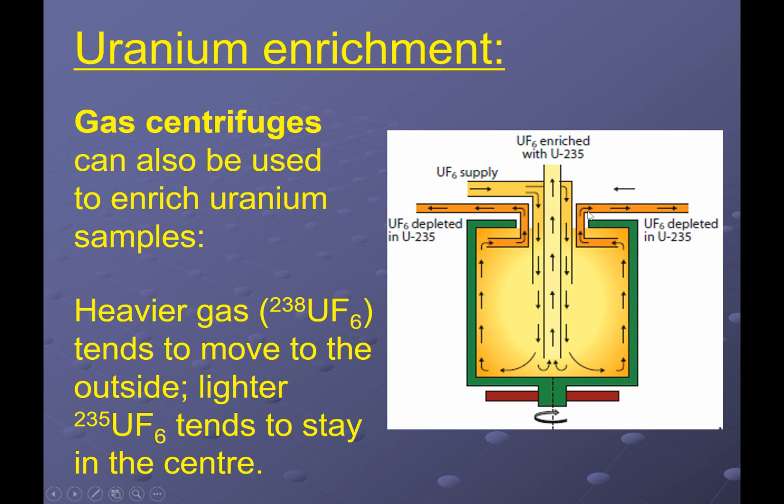So what's happening here is, because of the spiraling here, because the 238 is a slightly heavier gas, they tend to be spun to the outside. I somehow designed in such a way that those outer gases get depleted and those outer gases leave. The uranium-235 that actually travel in smaller radii, they stay closer to the center, and basically I can collect this 235 form separate from the 238.